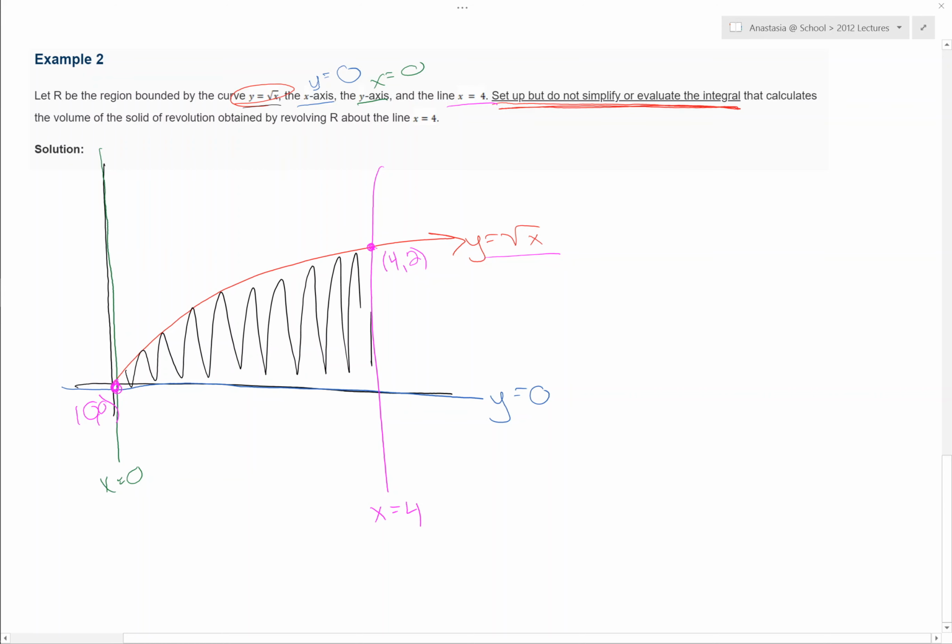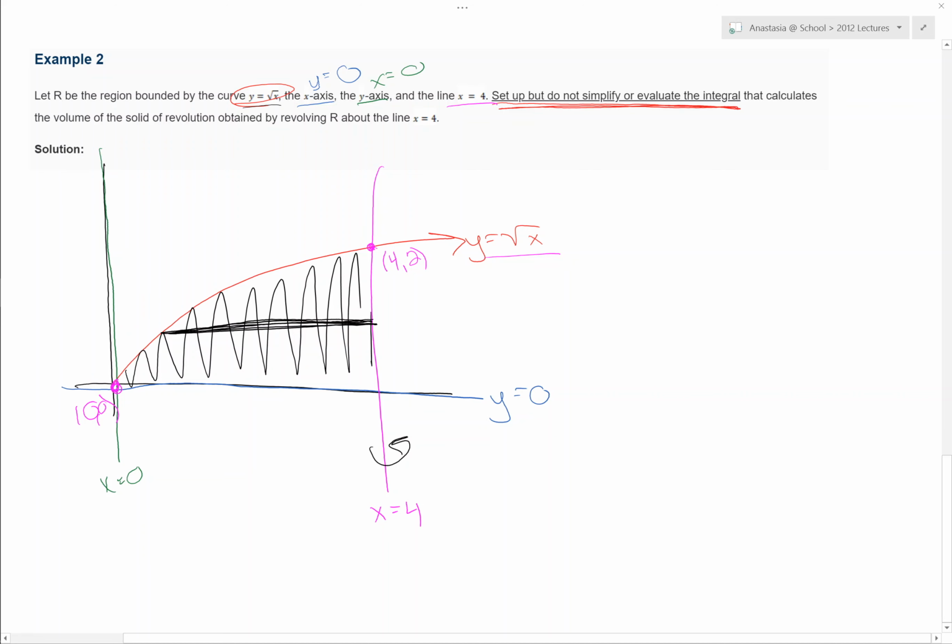So we're going to take this and rotate it around the line x equals 4. Then, if we draw a line segment through our region perpendicular to our axis of revolution, that little line would be rotated around the line x equals 4, and you can imagine it would form a circle.